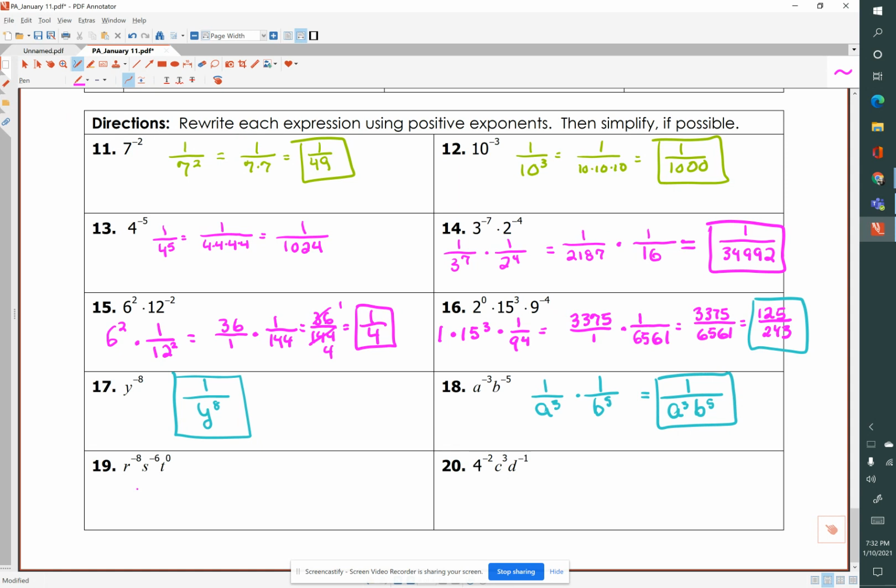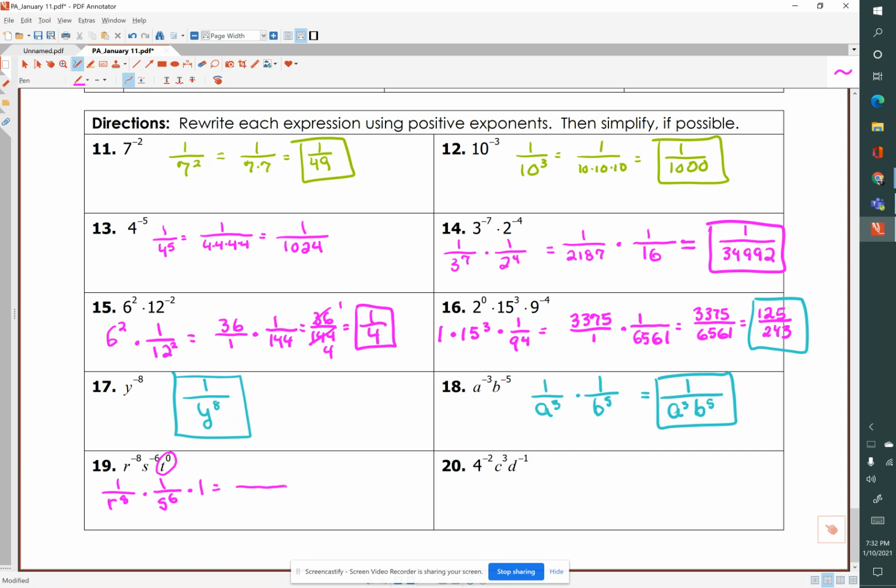Number 19, we'll simplify r to the negative eighth as 1 over r to the eighth times 1 over s to the sixth times t to the 0. Anything, even a variable, raised to the 0 power equals 1. So what this simplifies to, anything times 1 is itself.